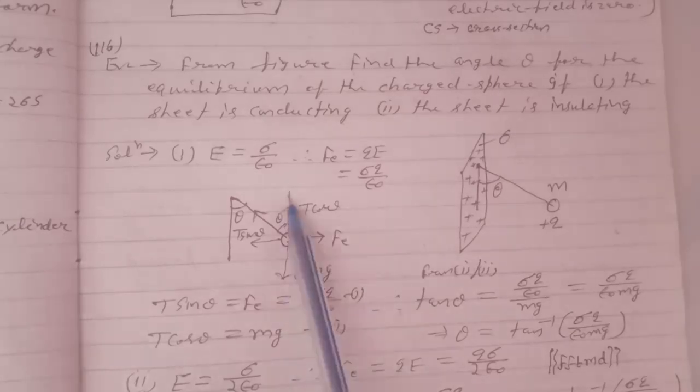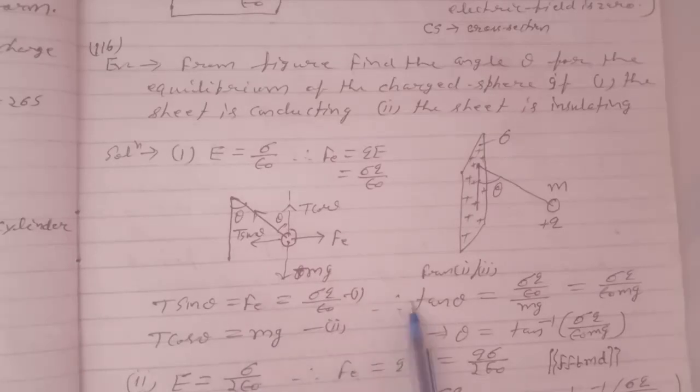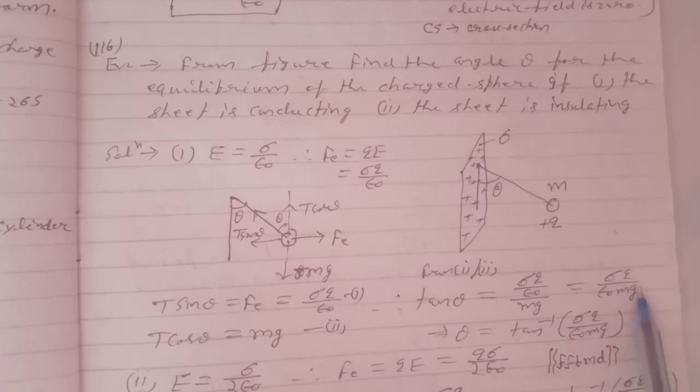And T cos theta equals mg. Hence tan theta will be sigma Q by epsilon naught mg. This implies theta equals tan inverse of sigma Q by epsilon naught mg.